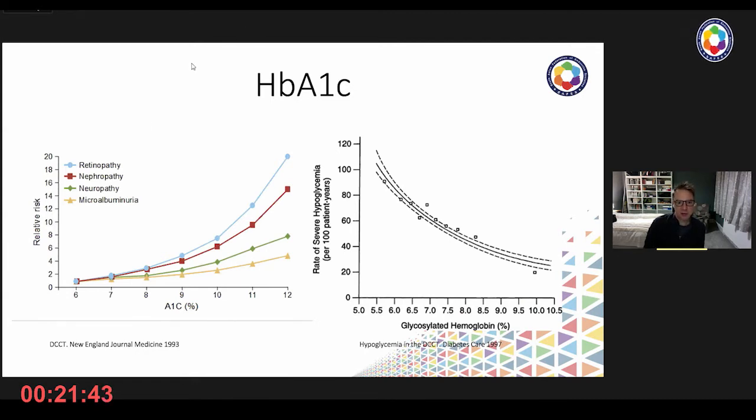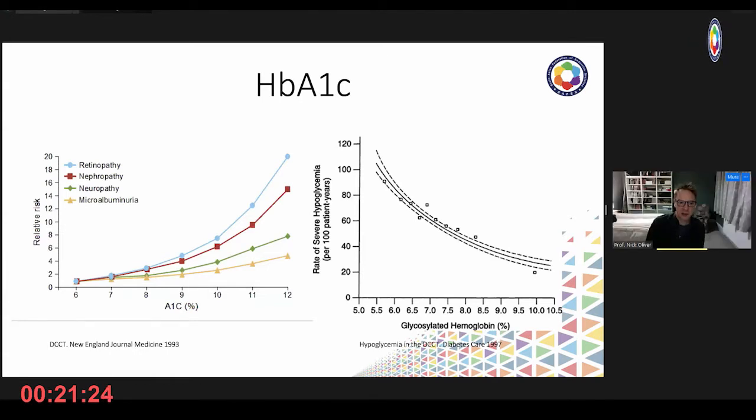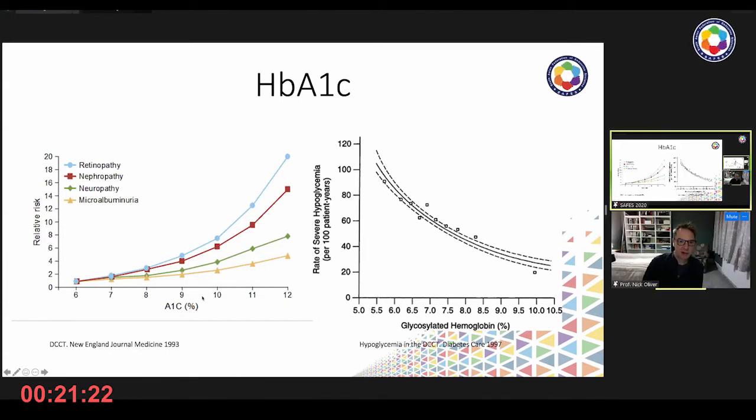So these are data from the DCCT, the Diabetes Control and Complications trial in people with type 1 diabetes, that proved for the very first time in type 1 diabetes unequivocally that intensive treatment can reduce risk by reducing HbA1c. And on the left here, we have HbA1c on the x-axis, and relative risk of retinopathy, nephropathy, neuropathy, and microalbuminuria.